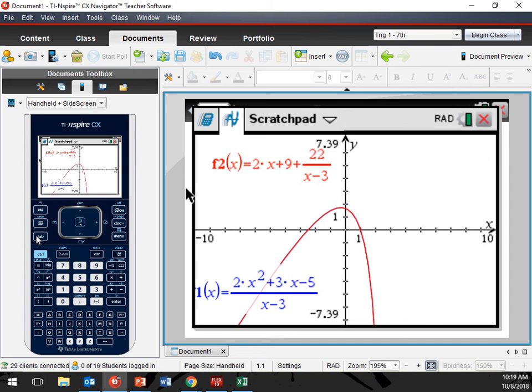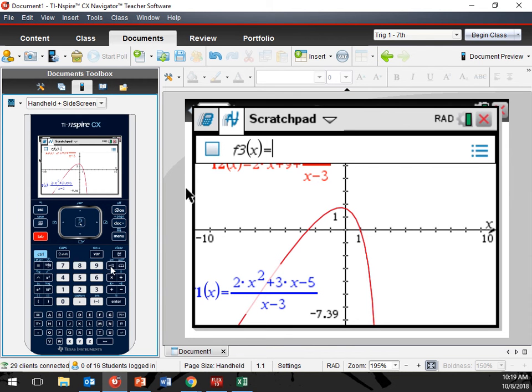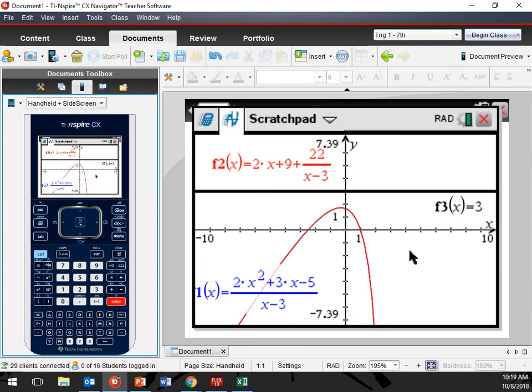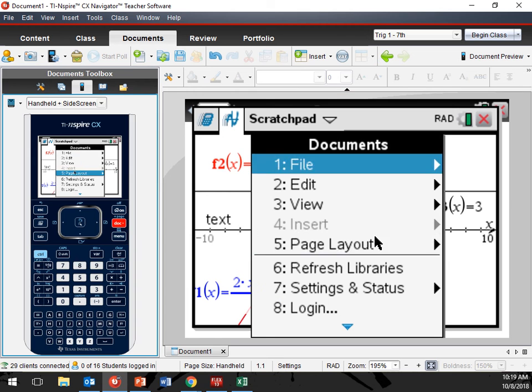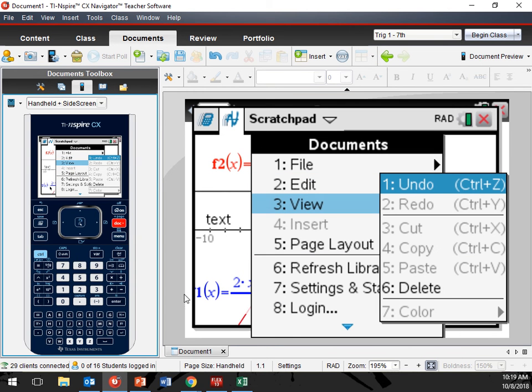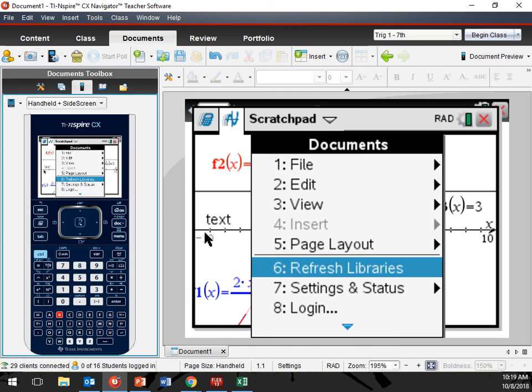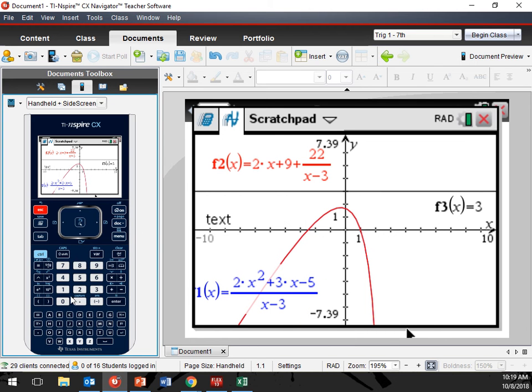I did something wrong. Yep, I did something wrong again. All right. Well, yeah, because you just basically solved it, so it's the same equation.